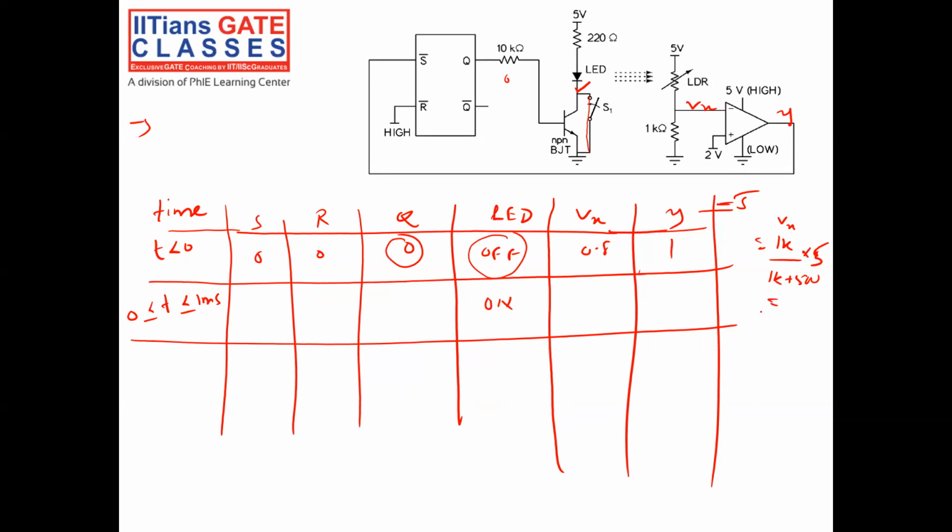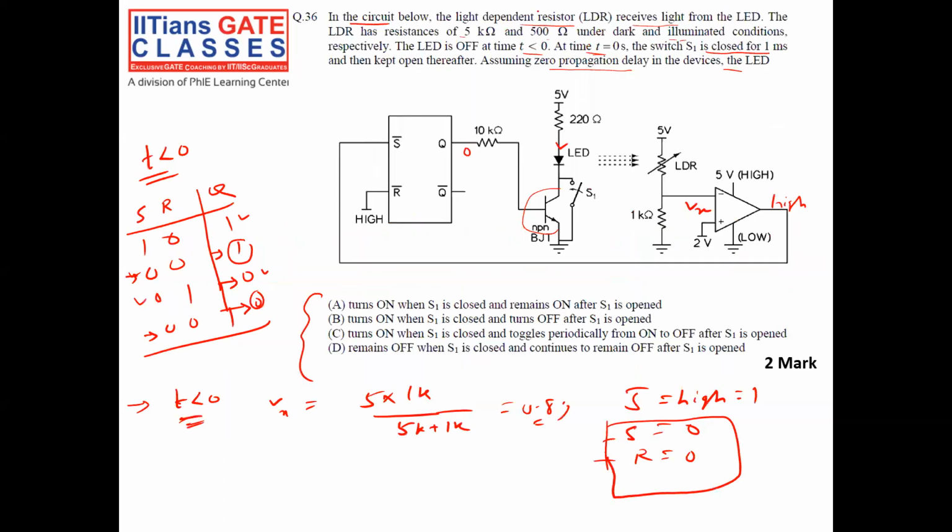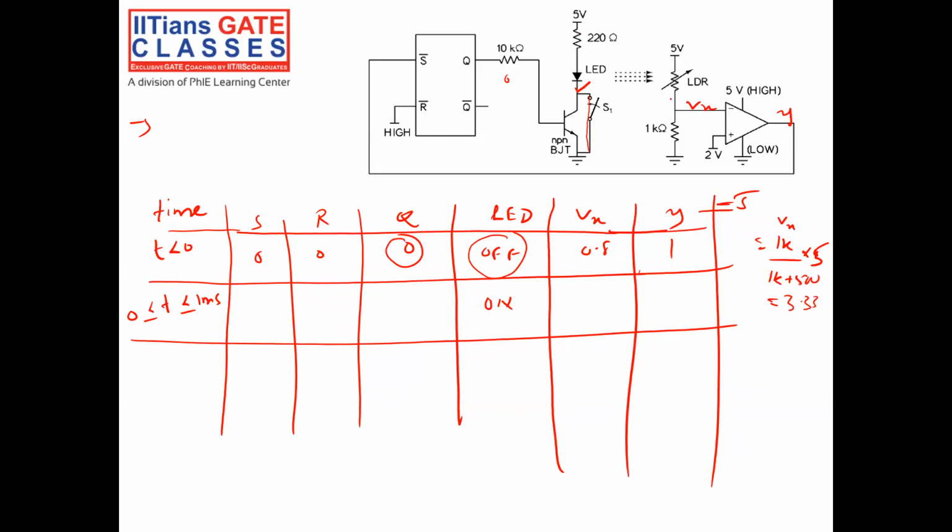How much, guys? 1000 divided by 1500 into 5 is equal to 3.3 volt. So first condition from 0 to 1 millisecond, LED is on. When LED is on, the resistance will be 500 ohm, so I put 500 ohm here. If you put 500 ohm, Vx will be 3.3 volt.